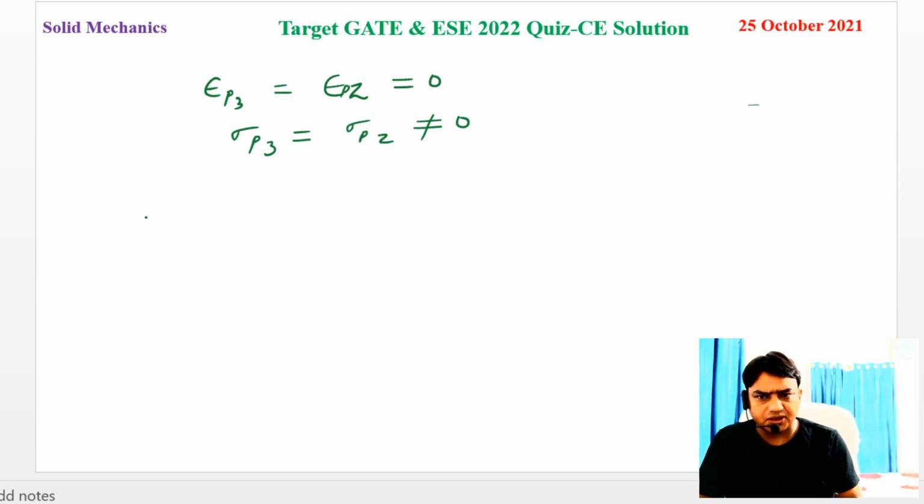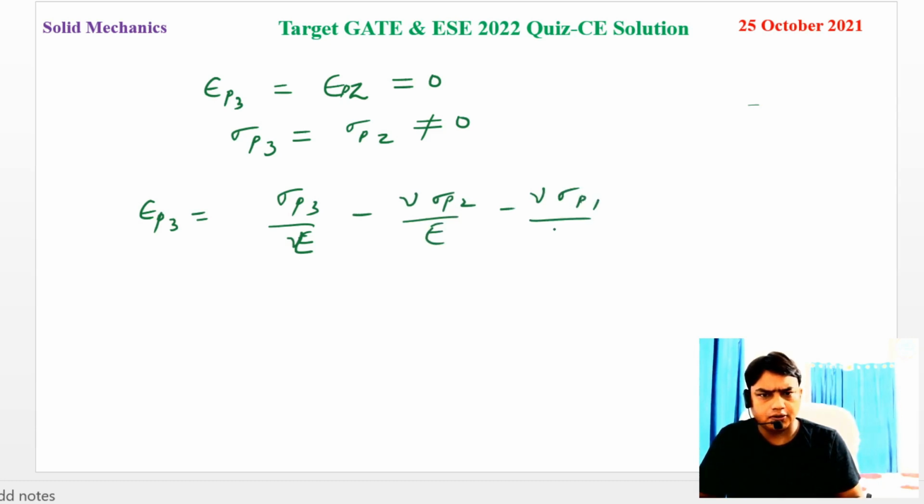And what is the value of sigma z? Epsilon z is equal to sigma z by E minus nu into sigma y by E minus nu into sigma x by E, and this value is 0 in plane strain problem.